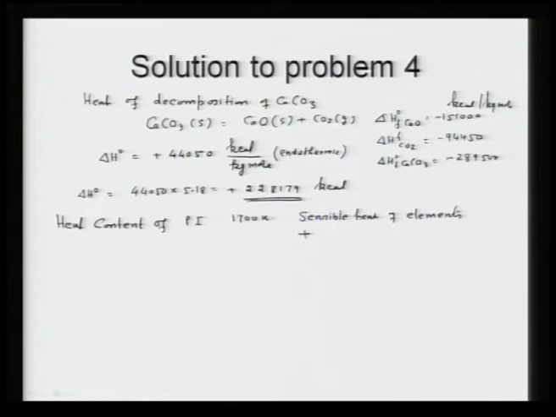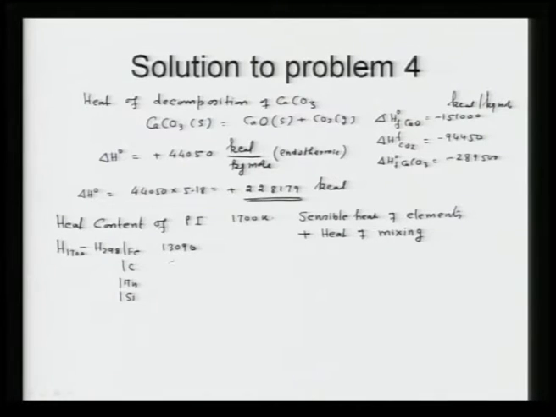Do not forget to consider heat of mixing. First I will consider the sensible heat of elements. For the given temperature, H 1700 minus H 298, I am giving you these values for iron, carbon, manganese and silicon.